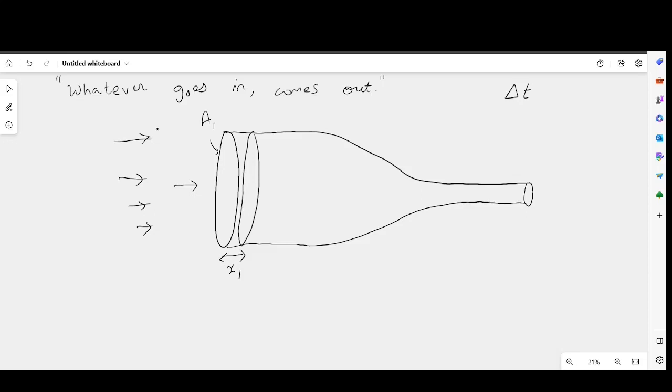So it is a1 here and it is a1 here as well. Both are equal. So let us assume the water that goes in at time t equal to 0 covers a distance of x1 at time t equal to t, and we are interested in the amount of time t minus 0, which is basically t.